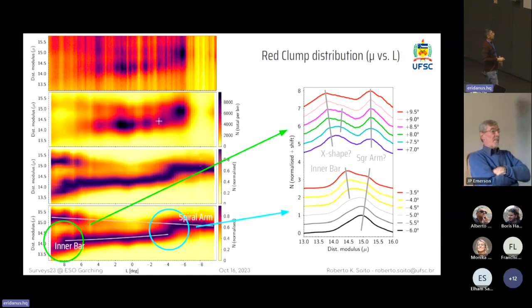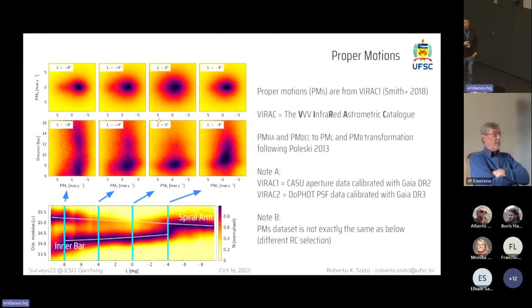It's interesting to see the structures here, but it's also interesting to see the proper motions, because VVV has VIRAC, a proper motion catalog based on the VVV data, which for this region spans about 13 years, as Martin said.